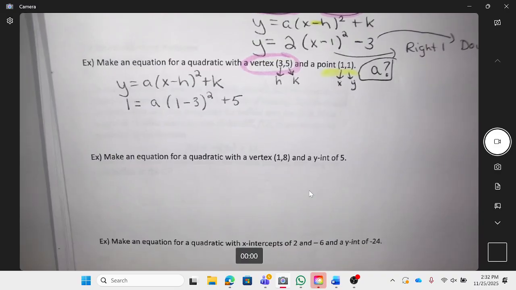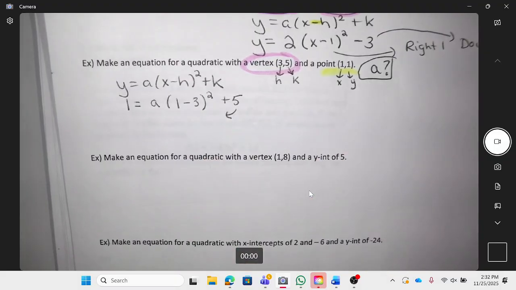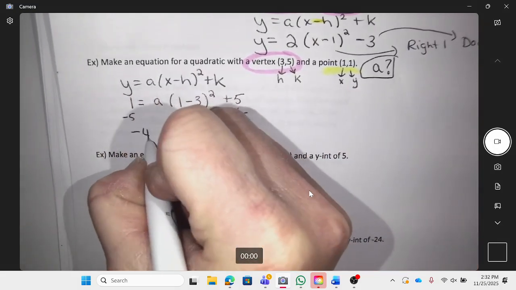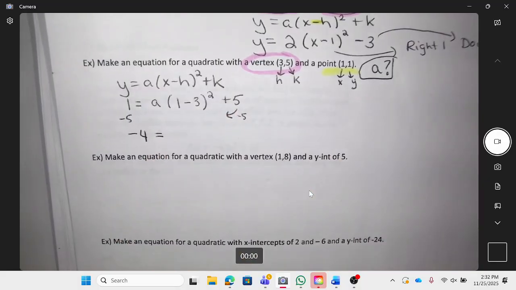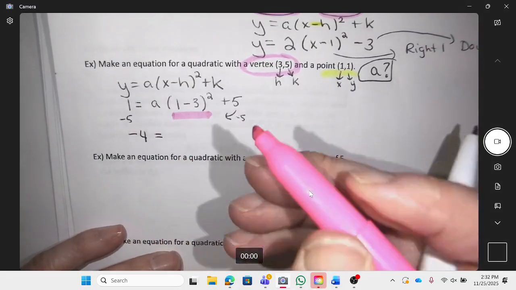Okay, how do we work this with bedmas? What should we do? I'm going to move that number over. Does that make sense why I would do that? Subtract 5. Can we do this in our calculator?